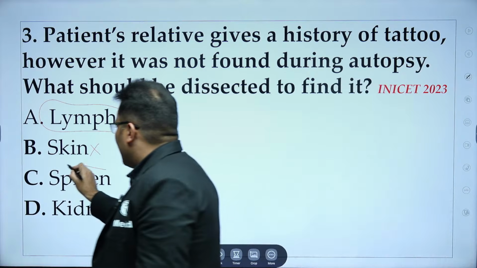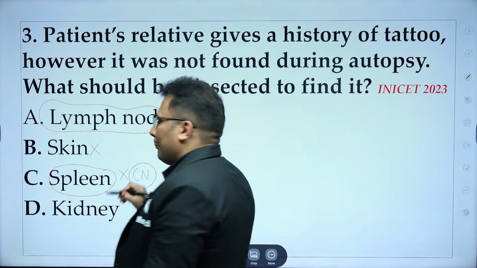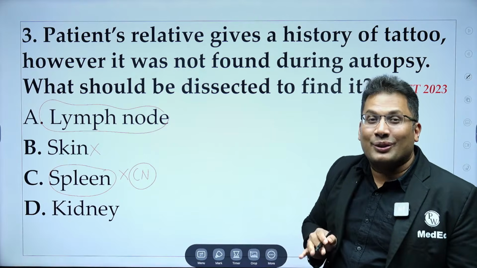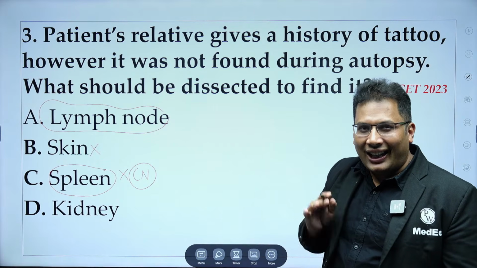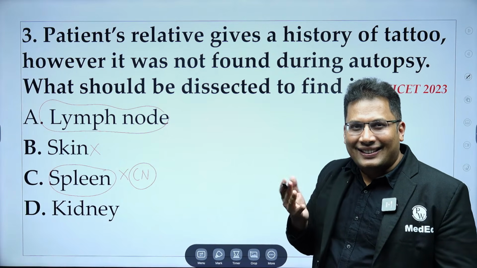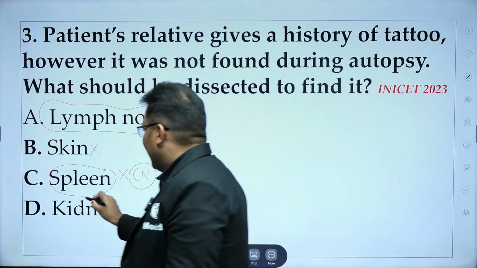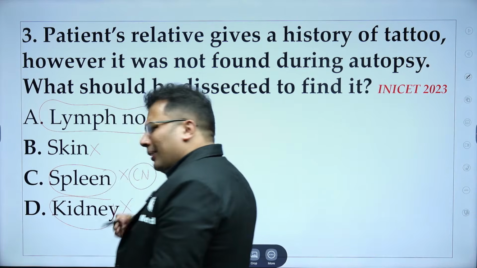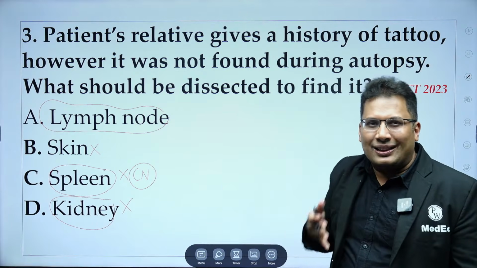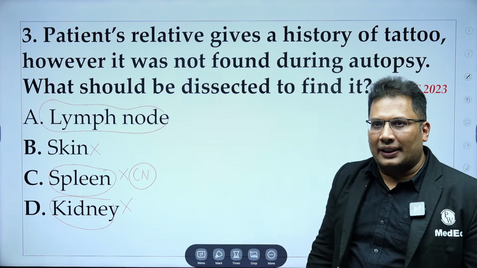The spleen is preserved in cyanide poison, like the curry and cyanide case, a recent web series, coffee cyanide case, apple seeds. Kidney is normally preserved. In any case of poisoning, half of each kidney is preserved. The answer is lymph node. Good, many answered, that's great.